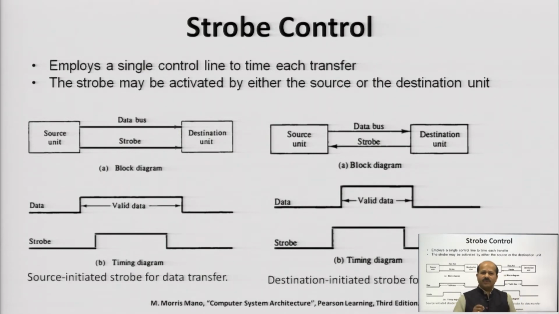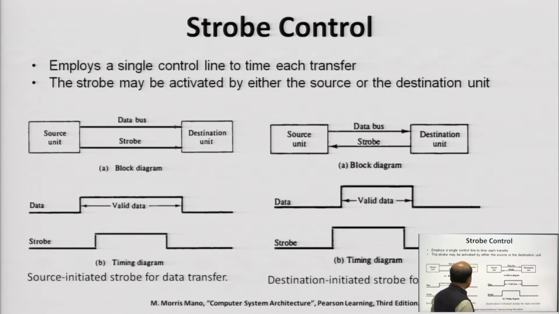So, in case of strobe control, a control signal called the strobe signal will be issued by either the source device or the destination device. If the data transfer is initiated by the source unit, then it is called source initiated, or if the data transfer is initiated by the destination unit, then it is called destination initiated.